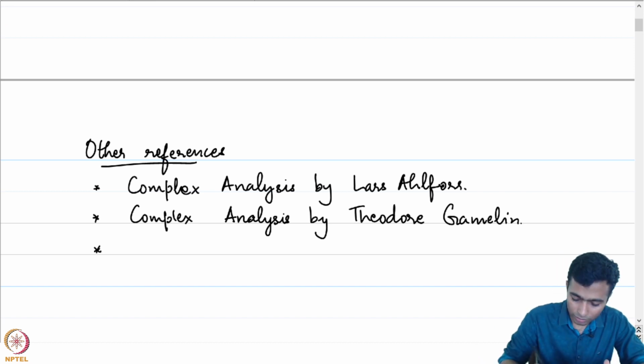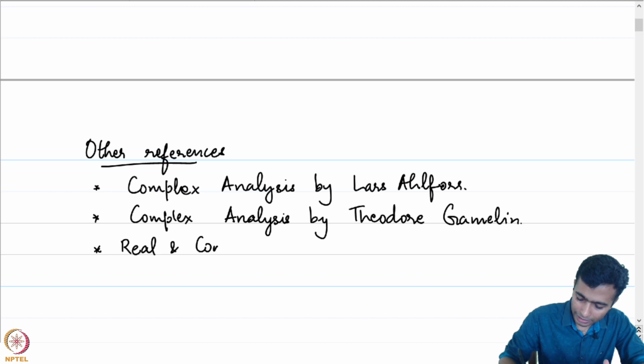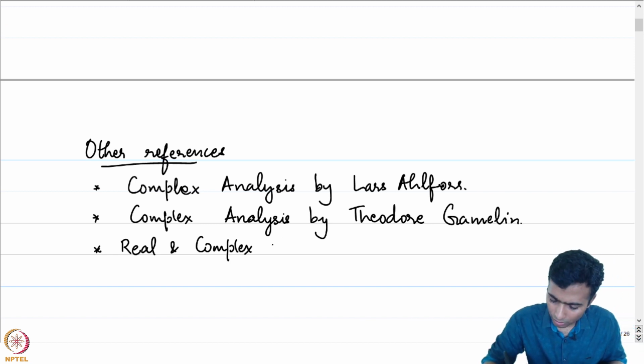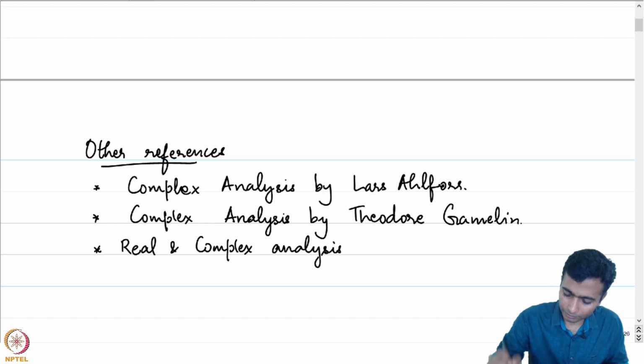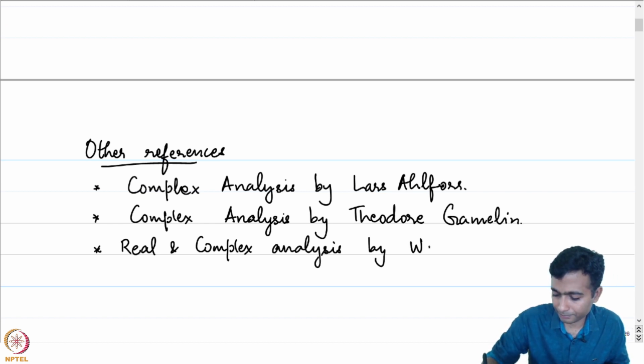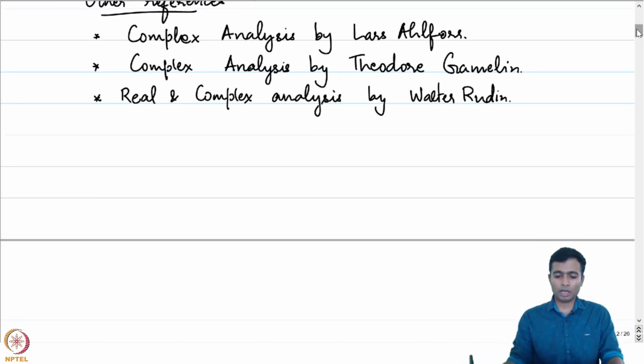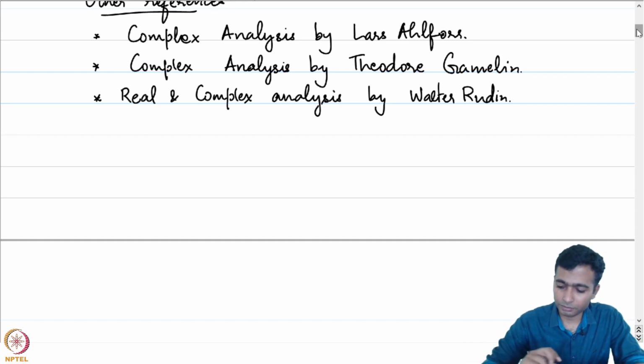There's also this fantastic book, Real and Complex Analysis, with a slightly different approach, by Walter Rudin. Of course, there are many more books. Let me not write down all of them. I would also suggest that you refer to these other references in maybe a second or a third reading.